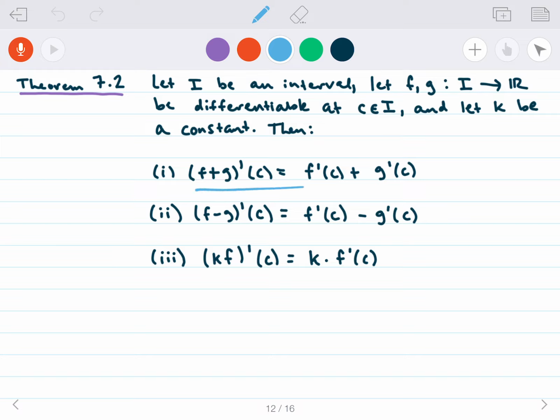Same thing with the difference: if you're taking the derivative of a difference of functions, that's the difference of derivatives. If k is a scalar, so k is a real number, multiplying it by f and then taking the derivative is the same thing as multiplying your scalar k by the derivative. This is something that I think we all know and use when we're teaching calculus.